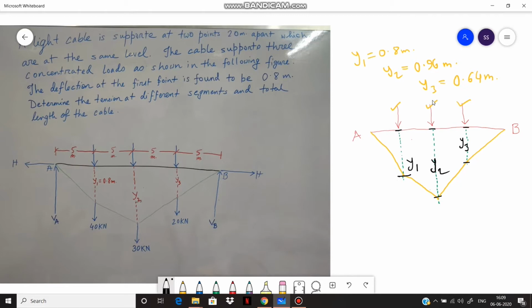And so y1 equals to this, y2 this, and y3 this. And here you can see, this is the segment A1.